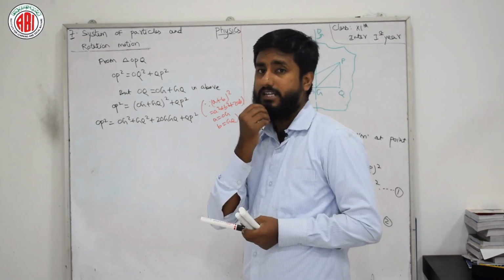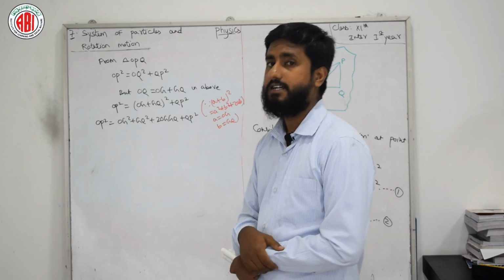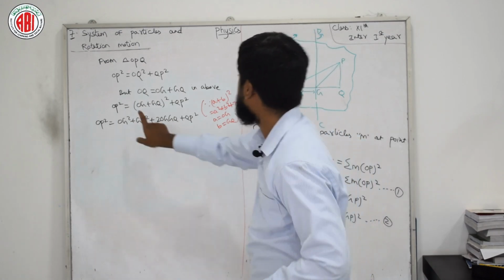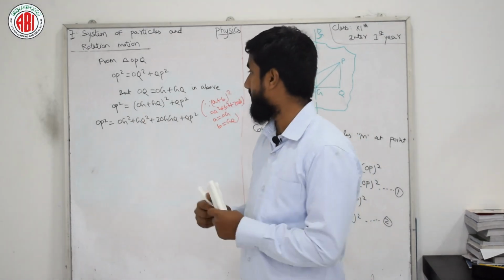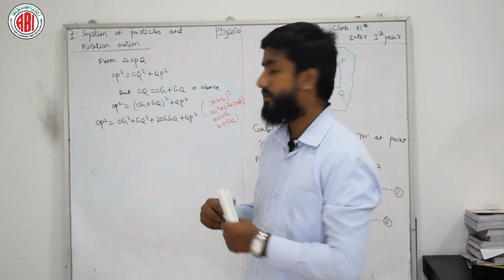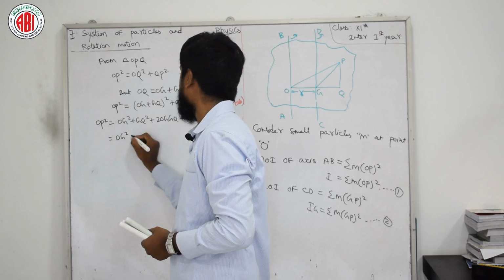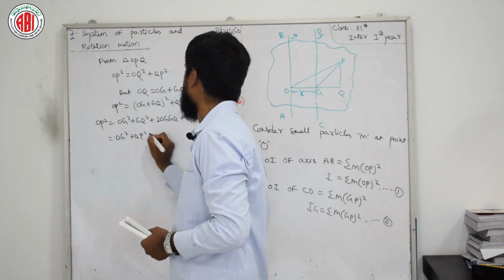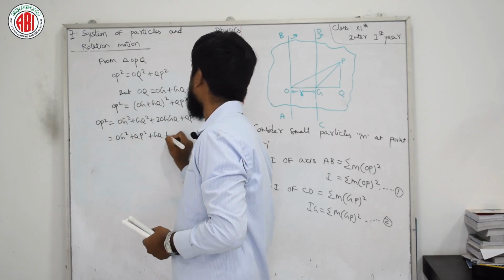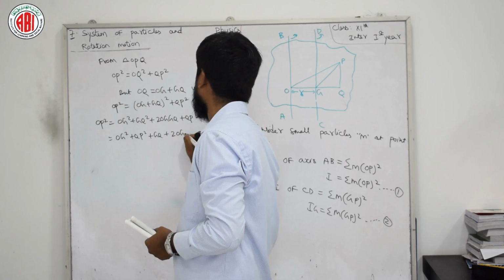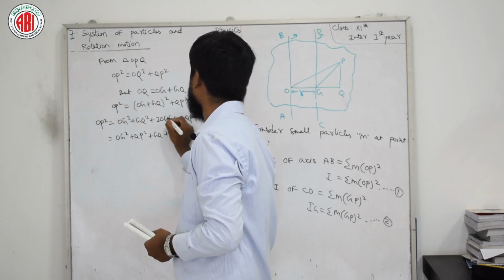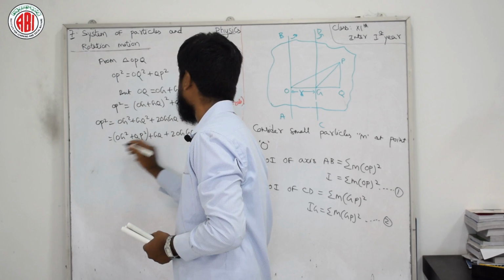Now one more thing we know: GQ square plus QP square. First I will write this together. I am writing this statement as OG square plus GP square plus GQ square plus 2 OG and GQ. Here I am placing a bracket.